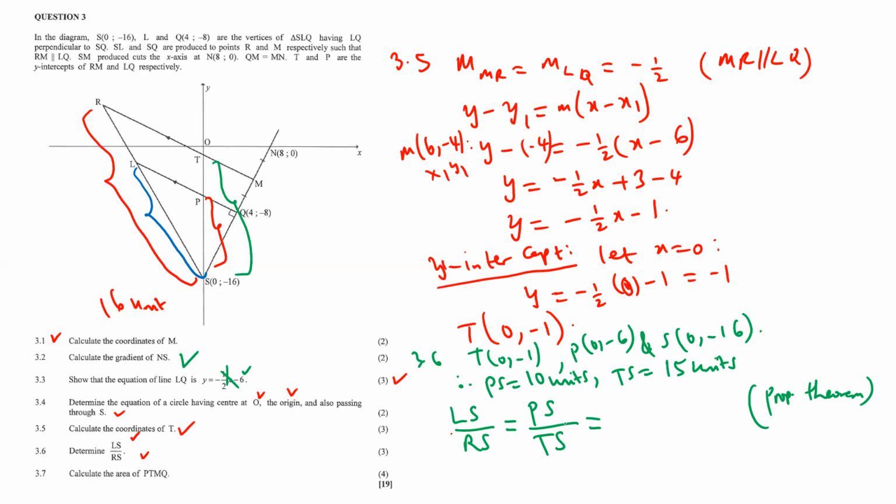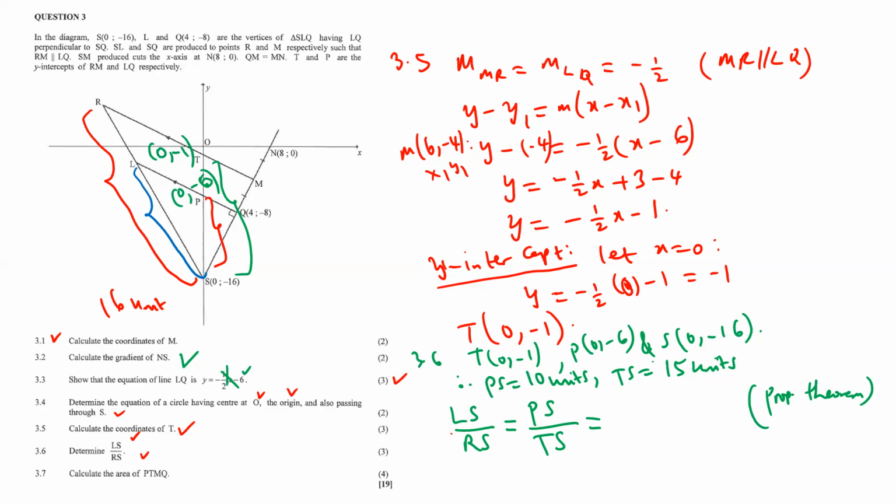We have already found the coordinates of P and the coordinates of T. The coordinates of T were 0, minus 1, and the coordinates of P were 0, minus 6.